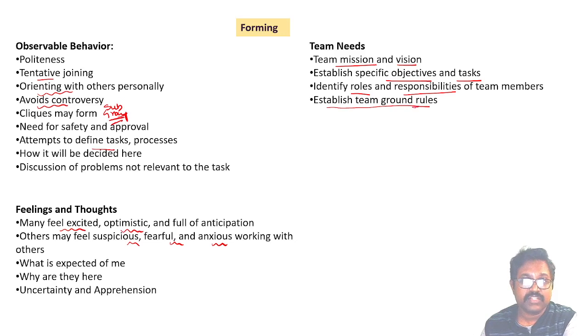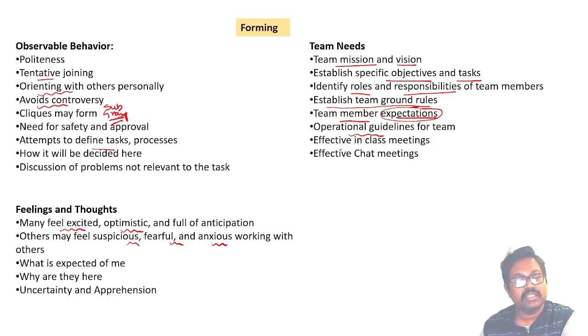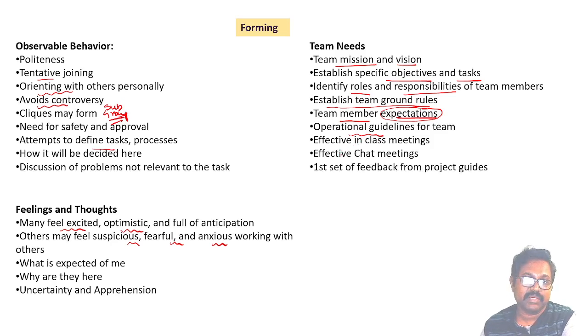The ground rules have to be established before achieving those goals. The whole team has to know each individual member's expectations from the team. They need to prepare their operational guidelines, their rules and responsibilities for the team. It is then that meetings will be effective and effective interaction will take place.